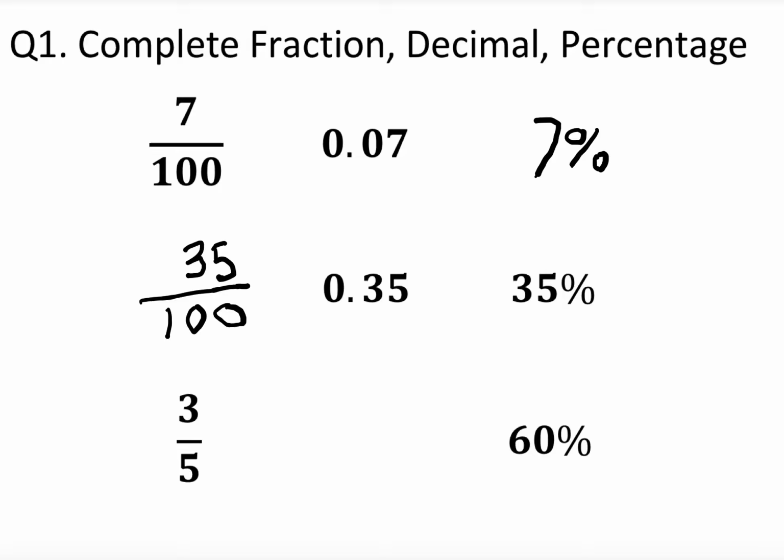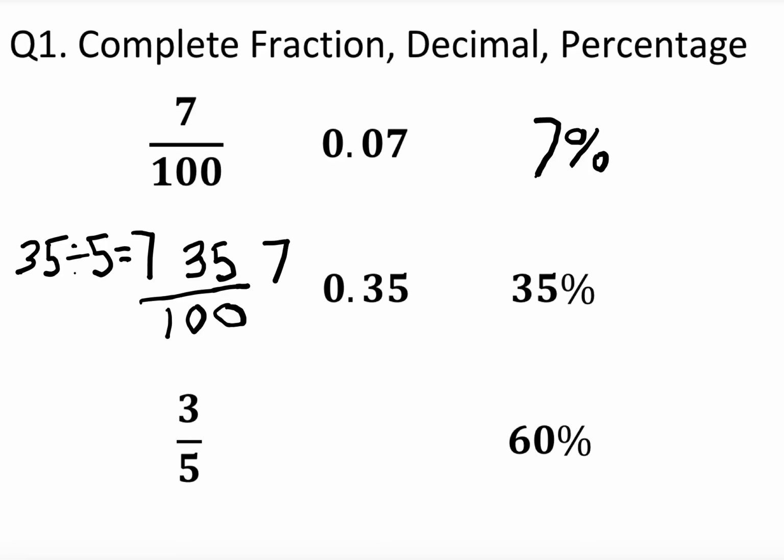So basically, I'll do it at the side here, you've got 35 divided by 5 equals 7.